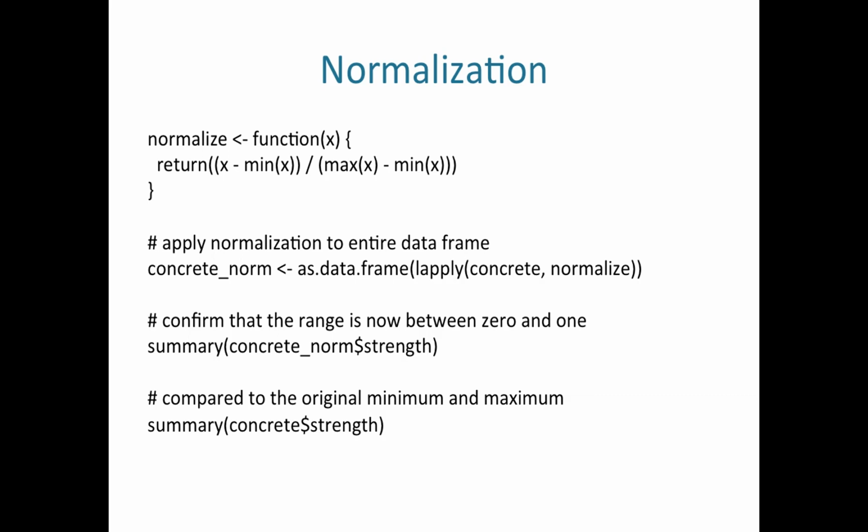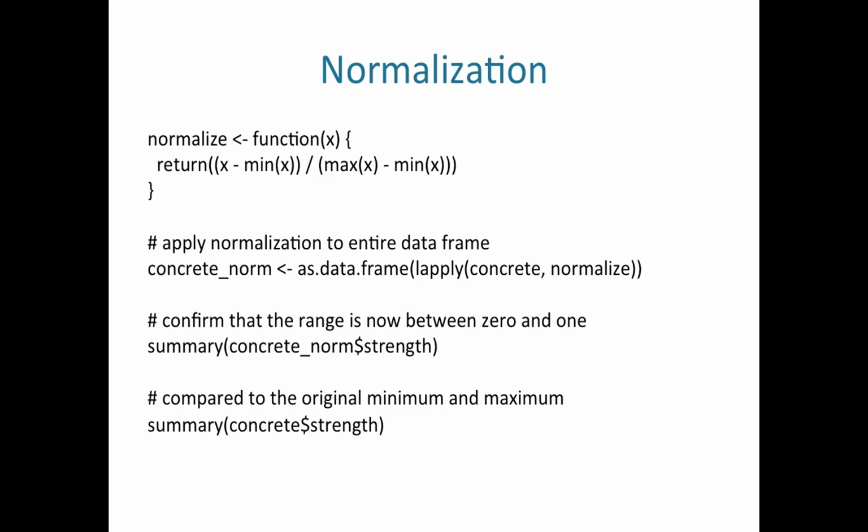So the second step is to apply the normalization to the entire data frame. The only thing that some of you might not understand is the lapply. What lapply does is that it basically applies a function to an entire data frame. So what we are saying is, given the concrete data frame that we have just read, apply the normalization function to all of the values in there.